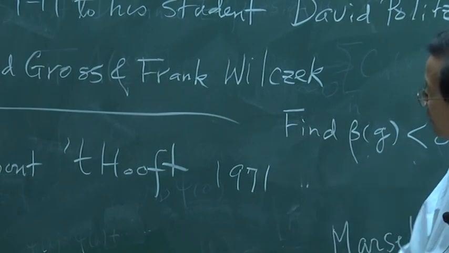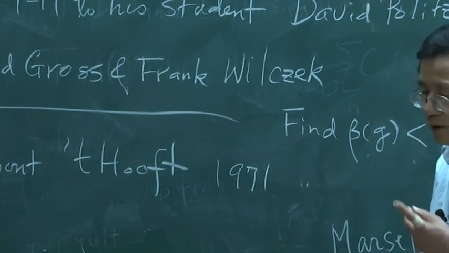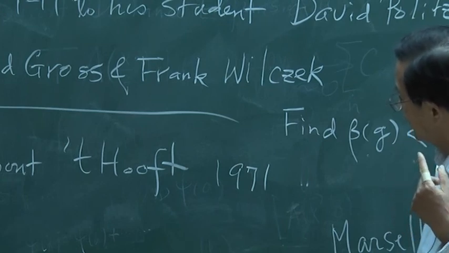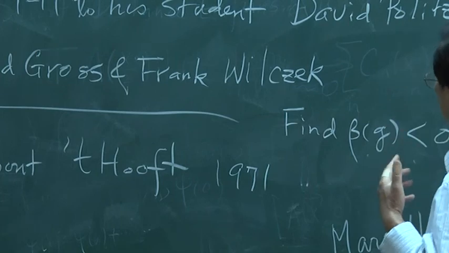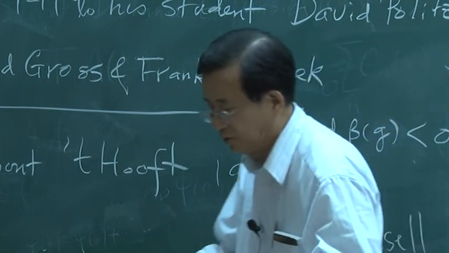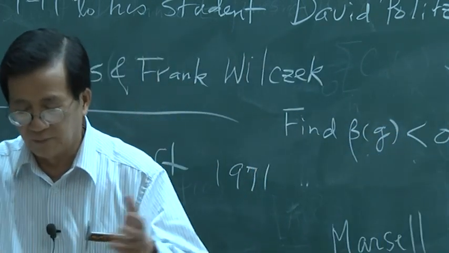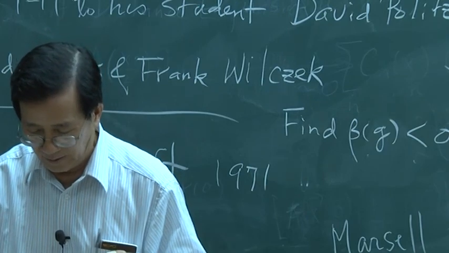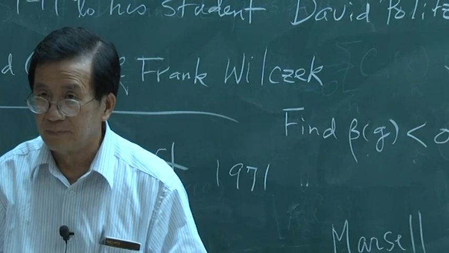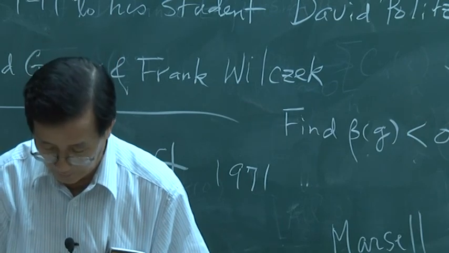And 't Hooft's answer was that, well, two things. One is that the way he computed the beta function is not the standard renormalization procedure everybody used. It's his own method. So he was worried that when he wrote it up, people would not understand it.